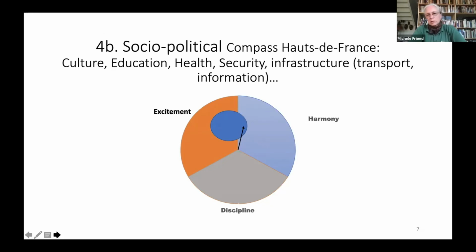There's a lot of museums, there's a lot of activity, education is very high, it's very good. And there are some protests, there's some security problems, but they're not too bad compared to the rest of France. And health is pretty good as compared to the rest of France. There's some very major hospitals and so on. So basically, sociopolitically, compared to the rest of France, is not doing too badly.